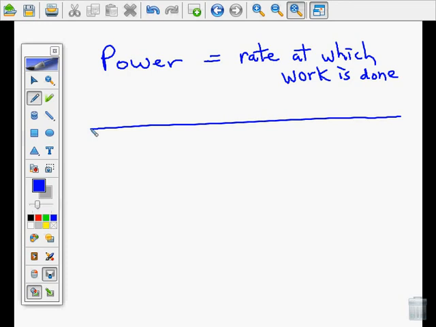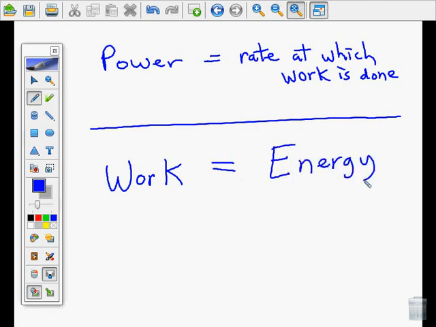So both the left side and the right side are two different ways of asking the same thing. But sometimes you're asked simply, how much work was done? And that's equal to how much energy was used. So there's basically two questions here. What was the power? And what was the work done? But there's just other ways of asking those two questions. So let's focus on this, calculating the work done.